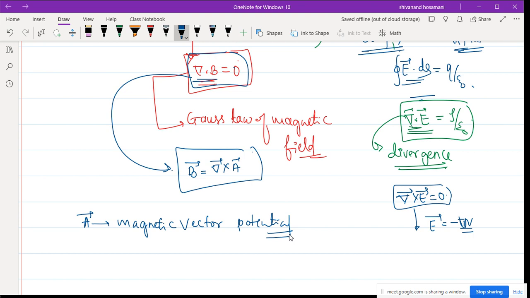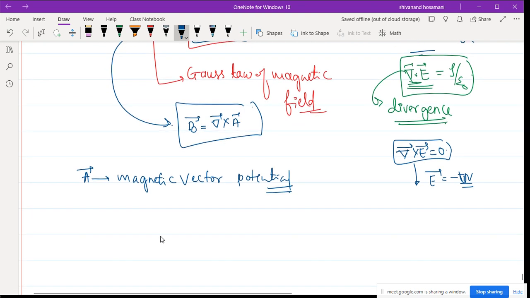Parallel or anti-parallel. The magnetic vector potential A is equal to 1/2 times B cross R vector.